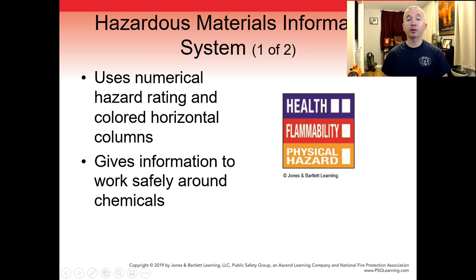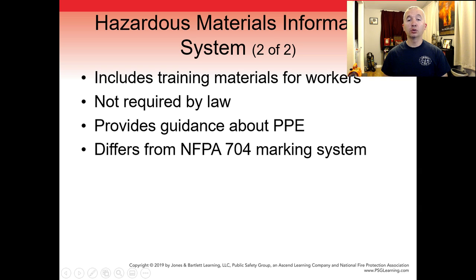It gives personnel information to work safely around the chemicals. It includes training materials for workers not required by law, provides guidance about protective clothing requirements, and differs from the 704 marking system. 704 is intended for responders, whereas HMIS is intended for facility employees.